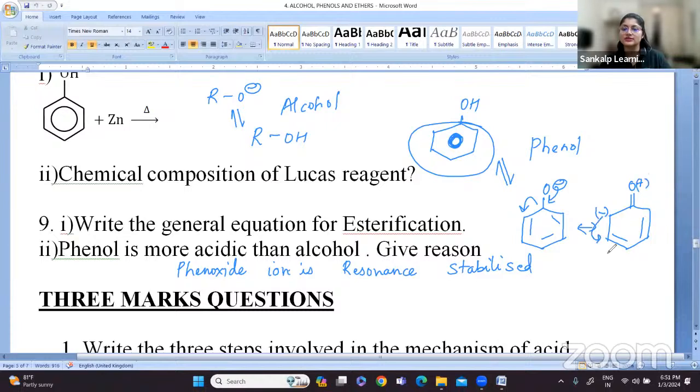So I'm writing the resonance structures. Because of that, phenoxide ion is stabilized and phenol is more acidic.